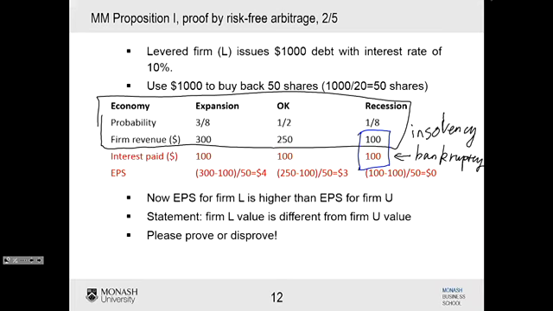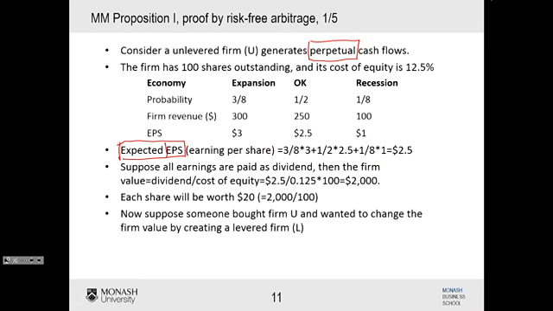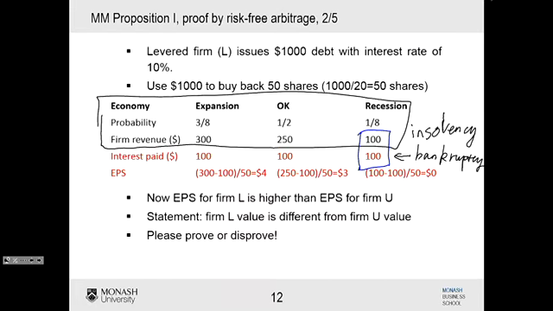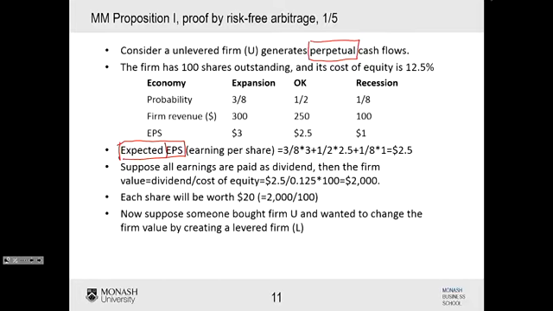Well, if you compare the earnings per share of the levered firm, it seems like at least in expansion and in okay, the firm value measured by earnings per share is higher than the unlevered firm. You see that? Except for the recession. Recession is $1 less. But in expansion, it is $1 more. And in okay, it is $0.5 more.